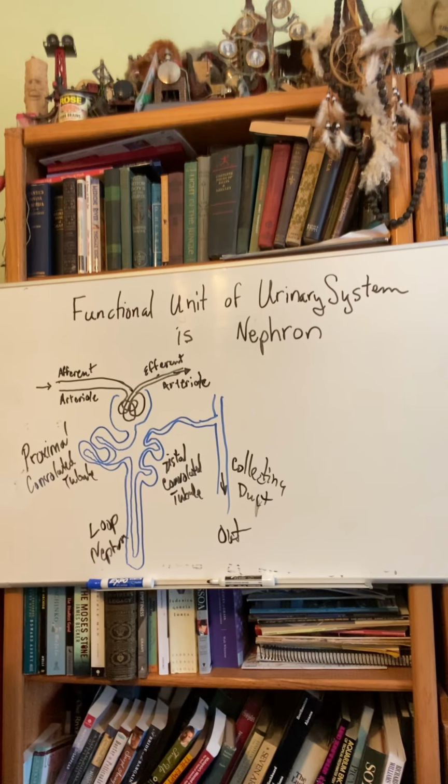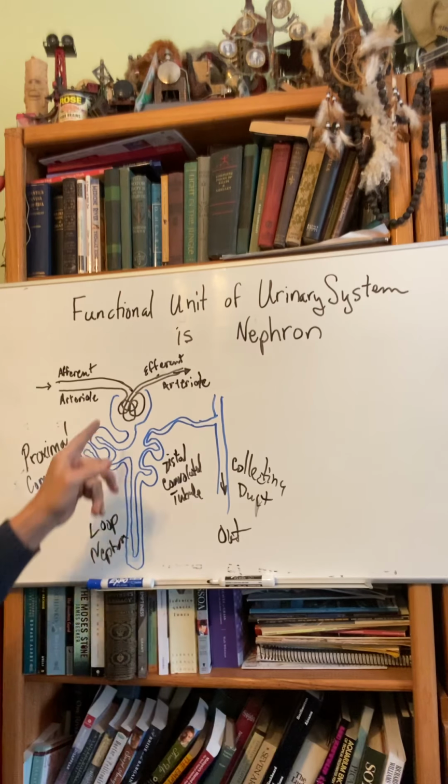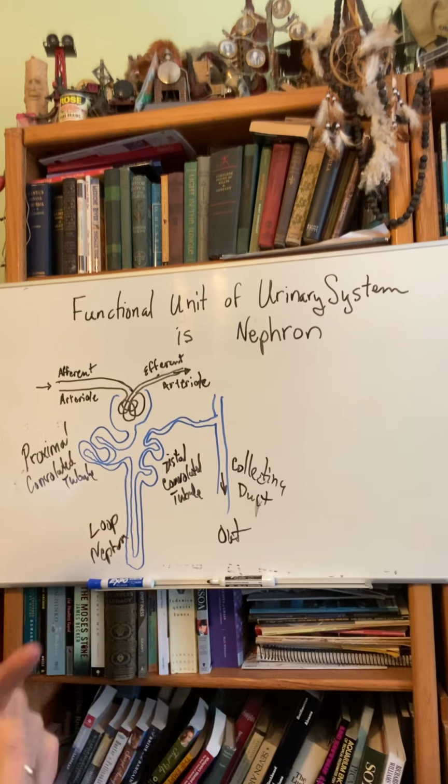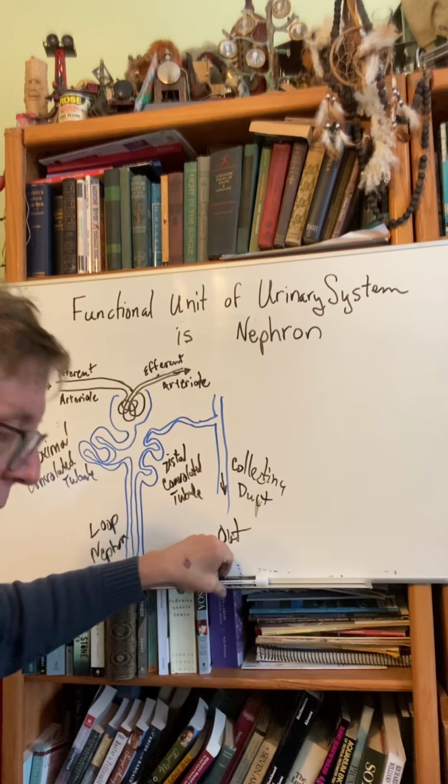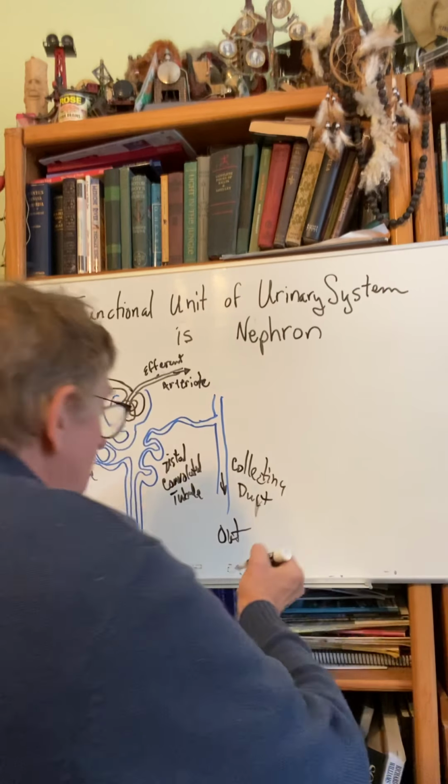So we have two parts to a nephron. You have arterioles that are bringing the blood into a tuft of capillaries, and this tuft of capillaries is called the glomerulus. I don't know why I didn't write that on the board, because that's one of these big words that people have trouble with.